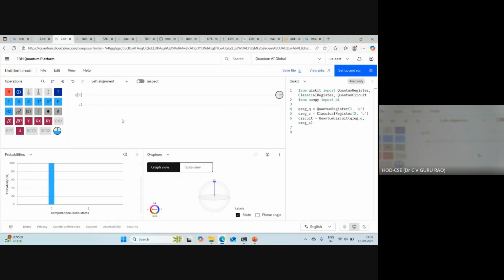Any problem? Yes. 2 qubit. Okay. I have taken Hadamard. Hmm. So you have said 2 qubit. Either we can add or we can delete.